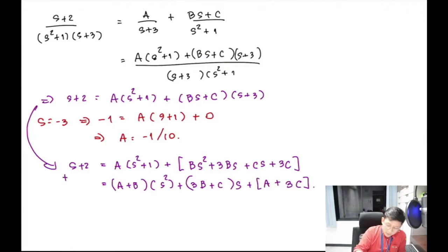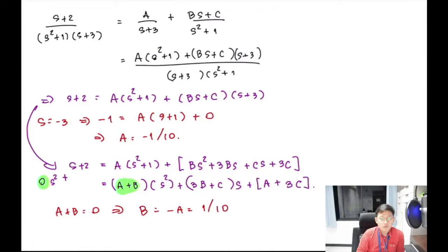And if you look here, on this side you actually have plus 0 s squared. So if you look at the coefficient, it means that A plus B is 0, which means that B is minus A, which is 1/10. And if B is 1/10, we can get C from the s condition.